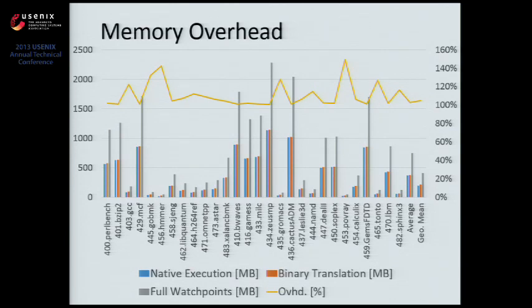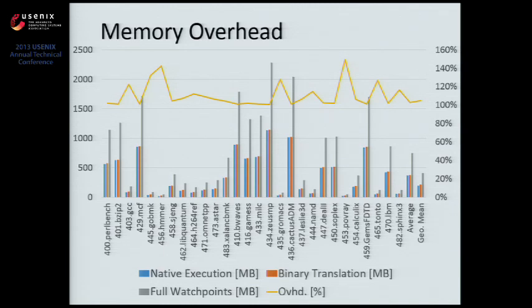If we look at the memory overhead, on the other hand, we see that, again, on the x-axis, we see the different SPEC CPU configurations. On the left-hand y-axis, we see the memory consumption in megabytes. On the right-hand y-axis, we see the percentage of memory overhead that we exhibit in total.